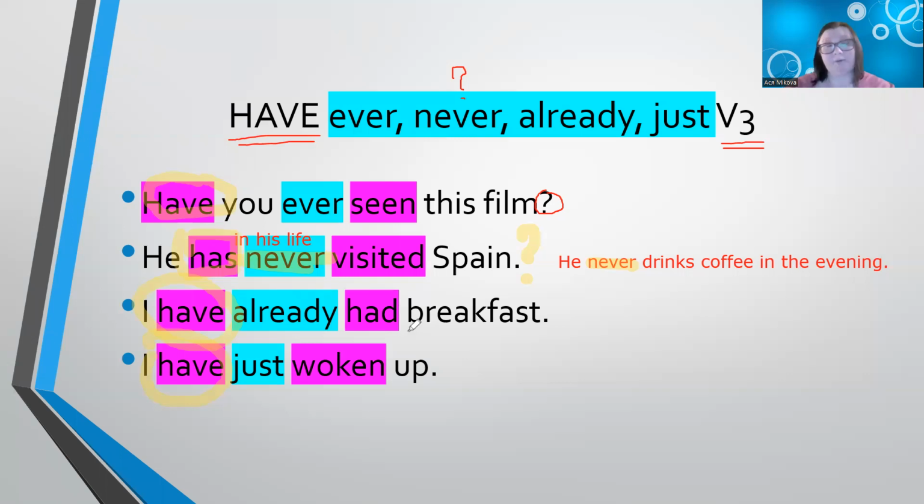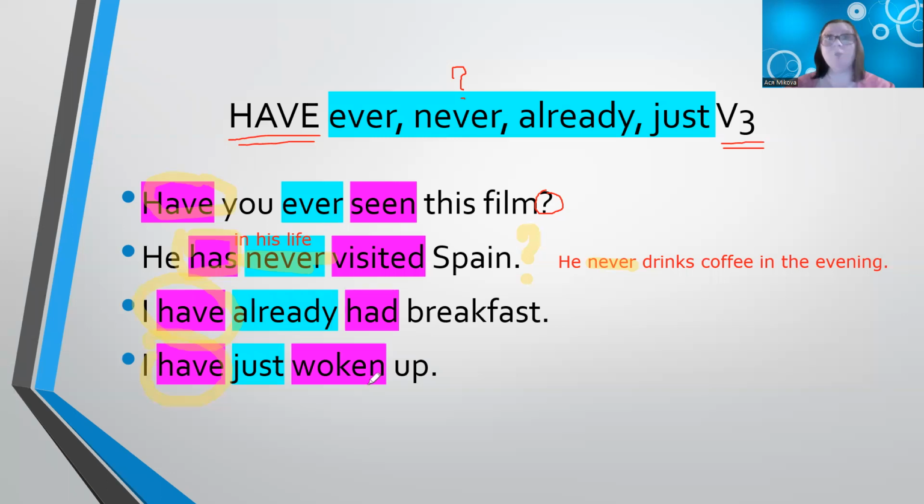And the last variant here is just. Just in Russian, in these situations, we say только что. Not like просто, just looking. No, it's a different just. Just только что. I have just woken up. That's why I'm so sleepy.